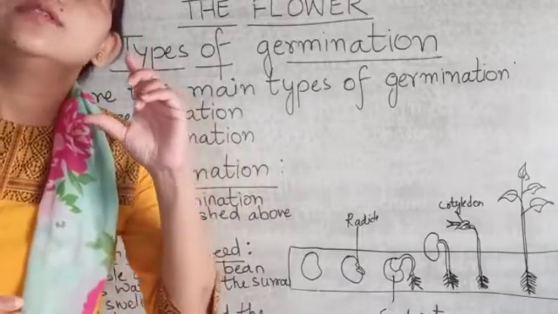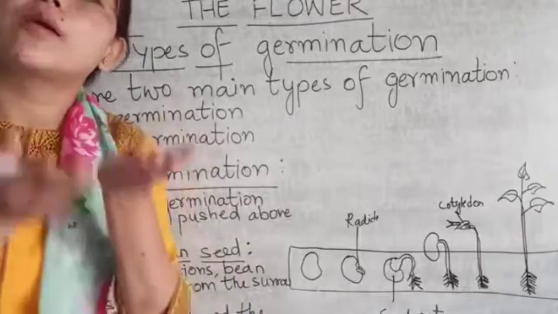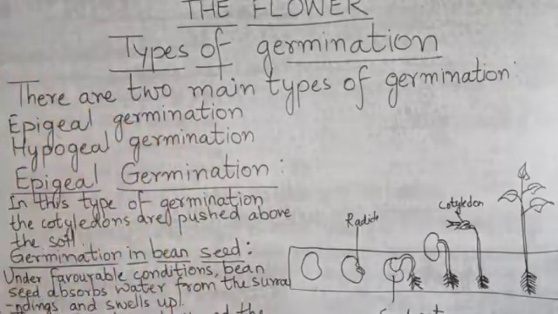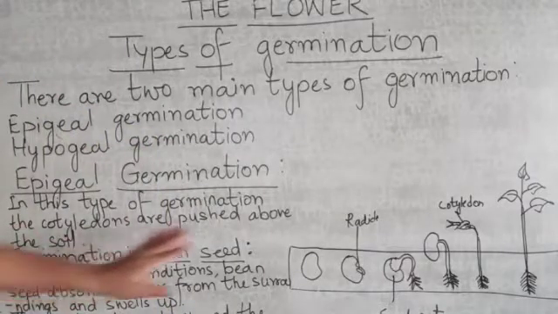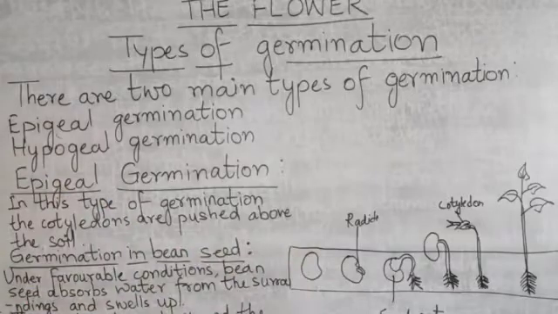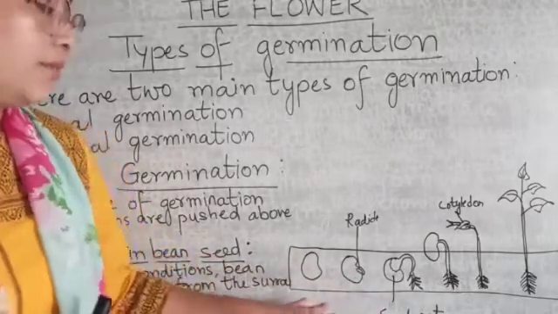So the germination in which the cotyledons are pushed above the soil is known as epigeal germination. Now let me explain this germination with the diagram.